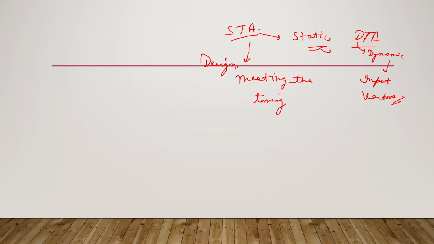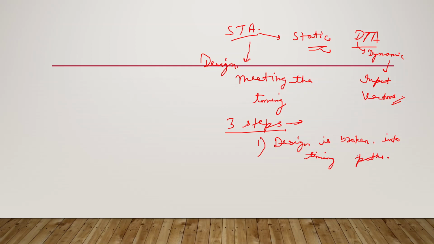This involves basically 3 steps, like how we are performing this STA. There are 3 steps that we need to understand. First, the design is going to be broken into timing paths.